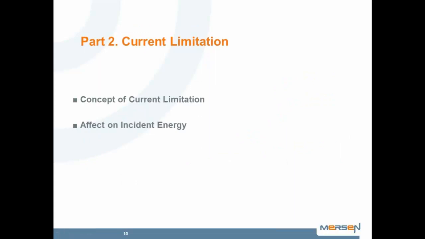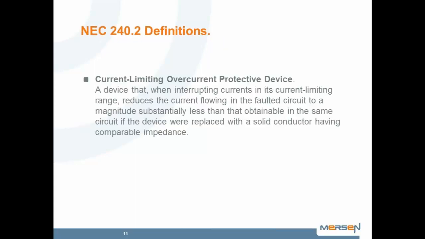Well, we are going to try to get into current limitation and give you a good concept of current limitation. Well, the definition from the National Electrical Code 240.2 is, and this is an official definition, I'm going to read it, but you would have to think about it because it's kind of a legal document.